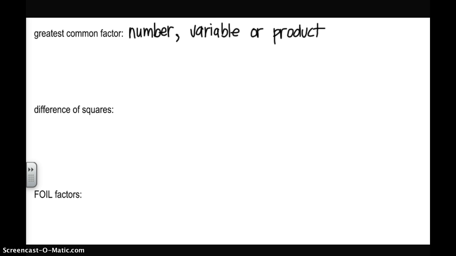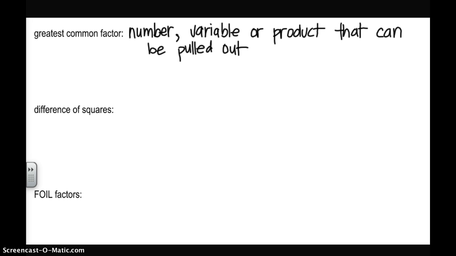We're looking for a number, a variable, or a product that we can pull out. And we can pull it out because it evenly divides into every term in what we're looking at.